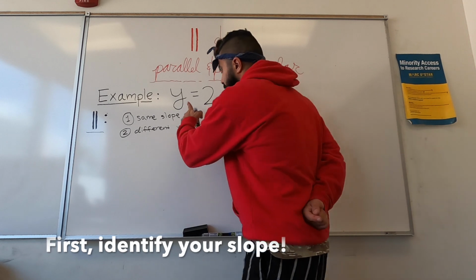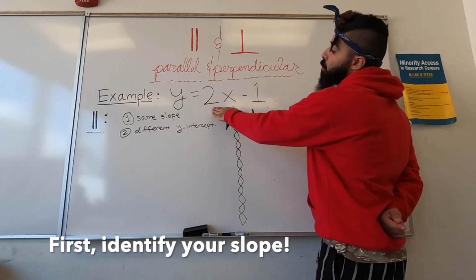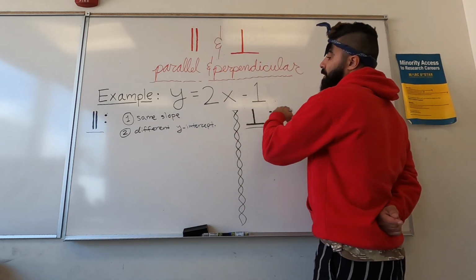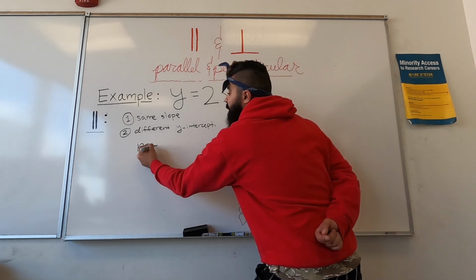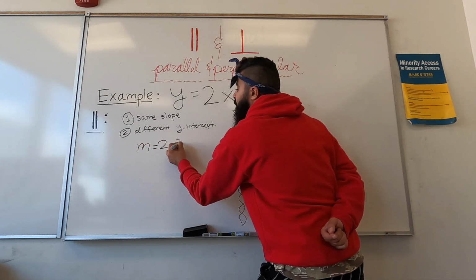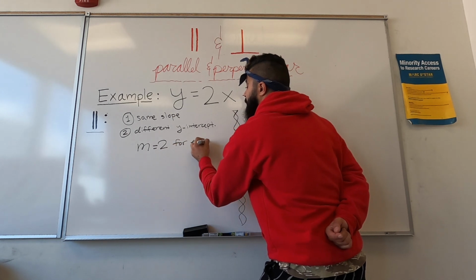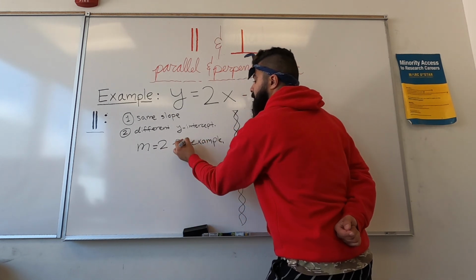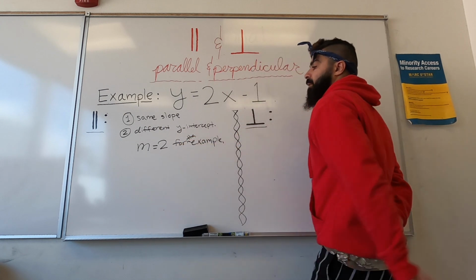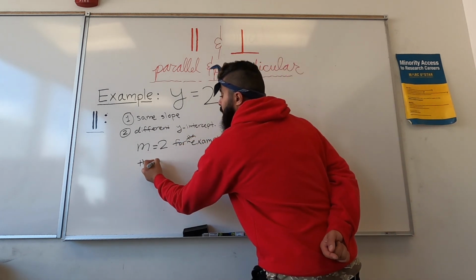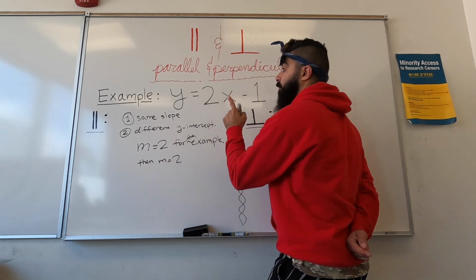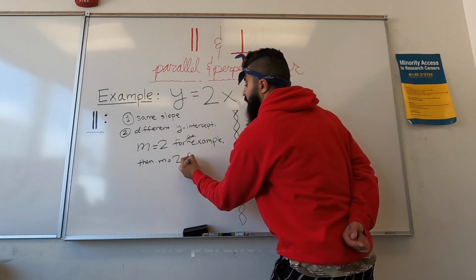So, the example up here, if this is y equals mx plus b, the slope is going to be 2, correct? So slope equals 2 for the example above. And if it equals 2 there, then m equals 2 for ours as well, for the parallel.